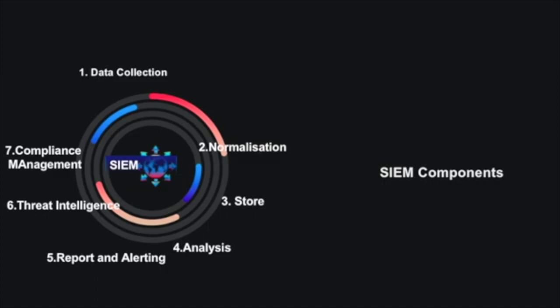Threat intelligence feeds are typically provided by third party sources and are updated regularly to ensure that the SIEM system is up to date with the latest threats and vulnerabilities.